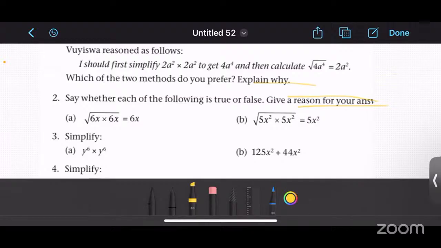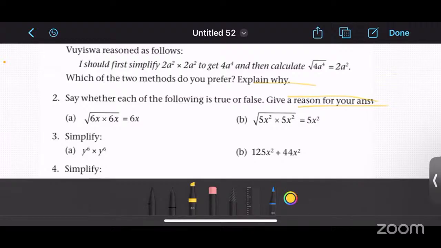No. No, ma'am. I'm sticking with my first reason. What was your first reason? Ma'am, that when we multiply 6x by 6x, I get 36x squared.